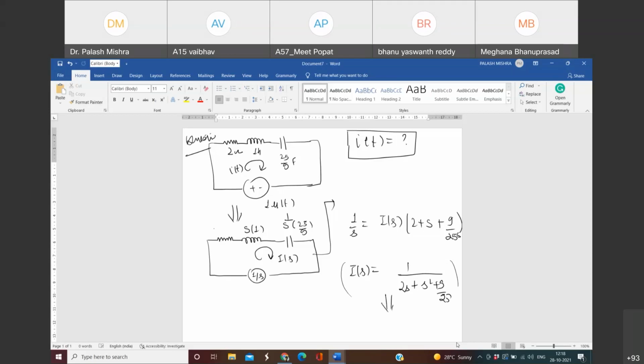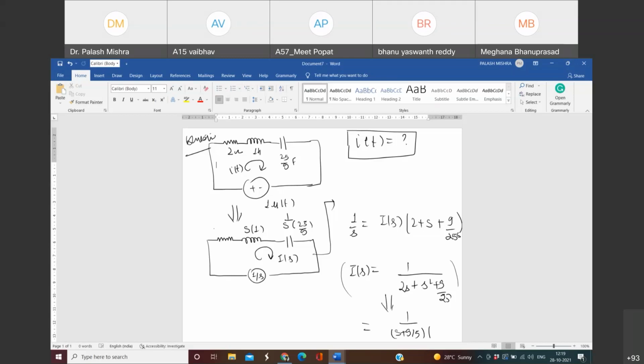Okay. So once you get this kind of representation, your next target should always be that you have to write this expression in the form of a upon ax plus b and a upon bx plus c, something like that. So this can be represented as 1 upon s plus 9 by 5. I hope partial fractions is known to all, because that thing must have been covered in your BEE your first year.